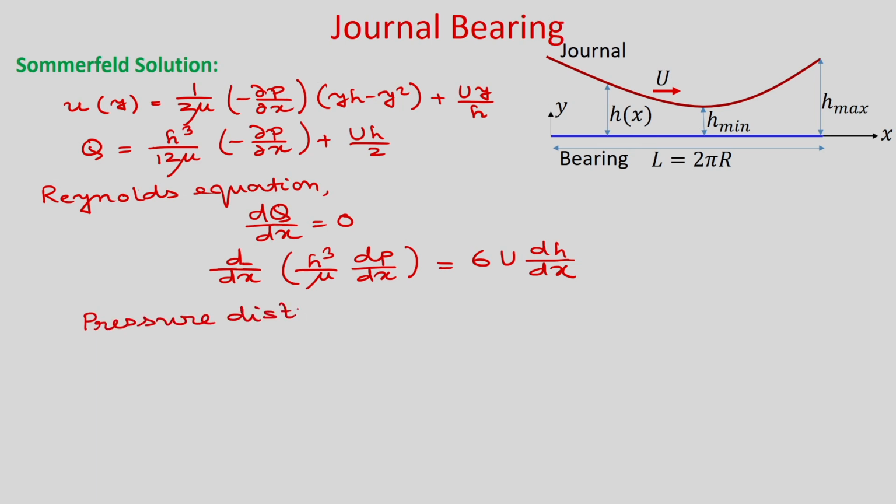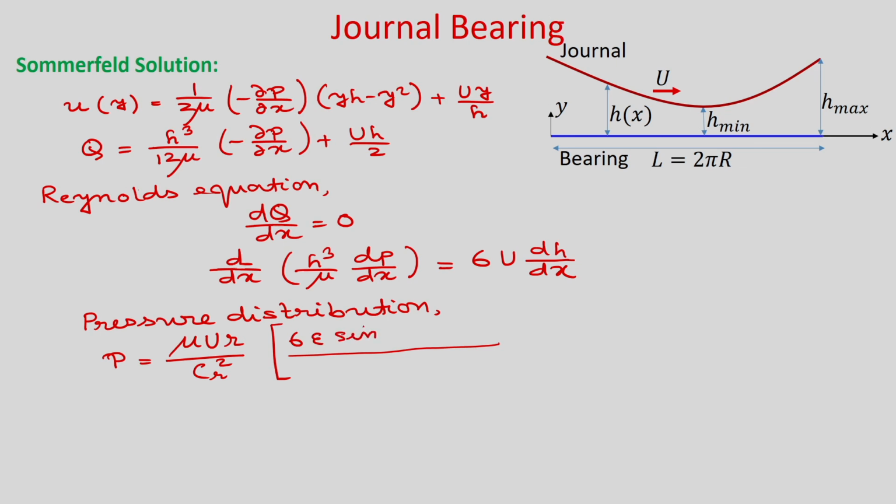So, the pressure distribution will be P is equal to mu u r by C r squared times 6 epsilon sin theta into 2 plus epsilon cos theta, divided by 2 plus epsilon squared into 1 plus epsilon cos theta squared, plus P naught, in the range of theta between 0 and pi.